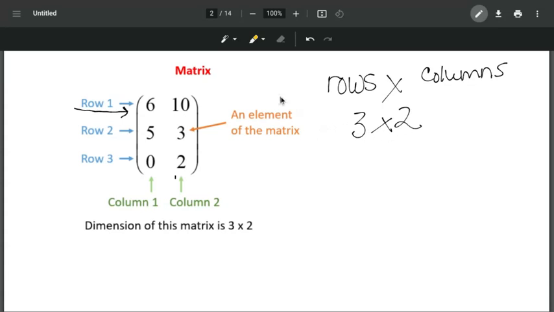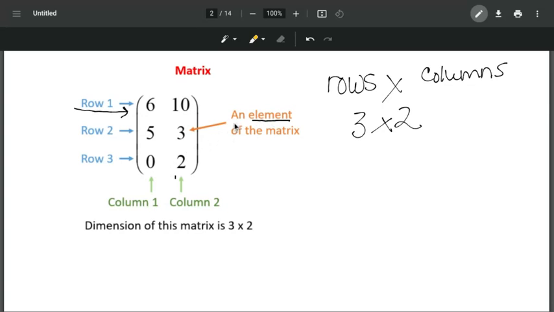Then the other thing about a matrix you need to know is that each number inside of a matrix is referred to as an element. So instead of saying the numbers in the matrix, I'm really talking about the elements inside of the matrix.